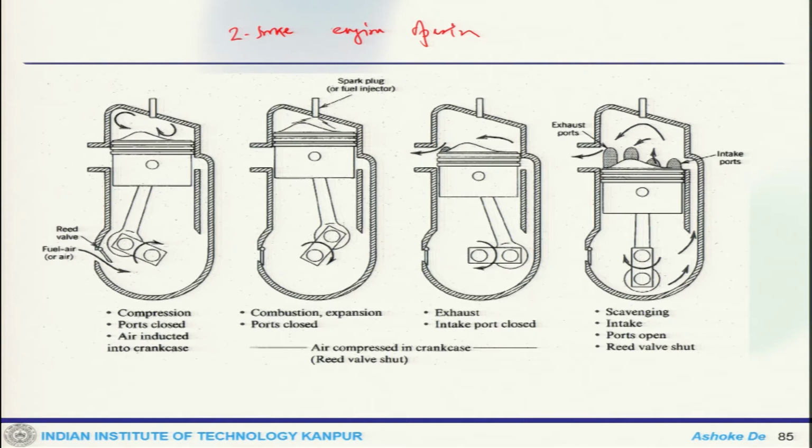Now, in the second stroke, the power and expansion stroke is similar to that of your 4 stroke cycle, and that continues until the piston approaches BC. When the exhaust port and then the intake ports are uncovered, most of the burnt gases exit the cylinder in a blowdown process.